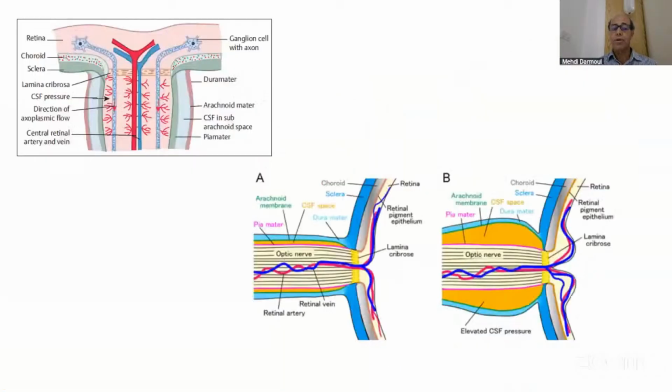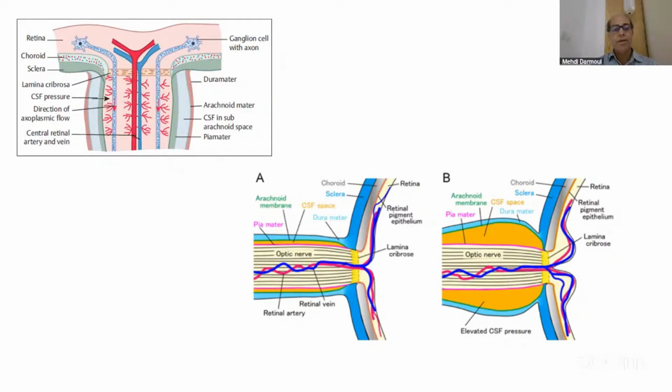Here, the envelope of the optic nerve. The optic nerve is surrounded by three layers: the pia mater, the subarachnoid space containing the CSF, and the dura mater. It is not like a habitual nerve with endoneurium, perineurium, and epineurium.